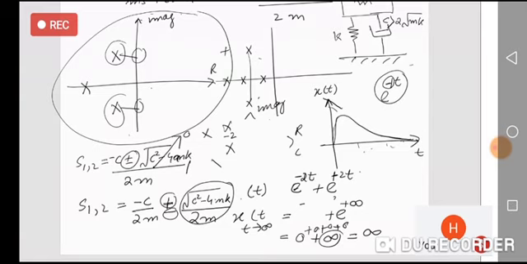Is it clear? Why am I saying that the system response will have oscillation? Not all the poles have an imaginary component, but out of the 3 poles, 2 have imaginary component, and these 2 poles will result in oscillation. Clear? Yes, sir.